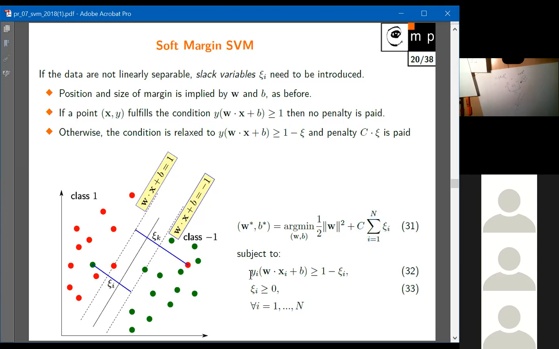And we relax this constraint by saying, we don't require it to be greater than 1, which means on the right side of my margin of width 1, but I'll allow some slack here. Now, this is always solvable because we can put a large number here if need be.